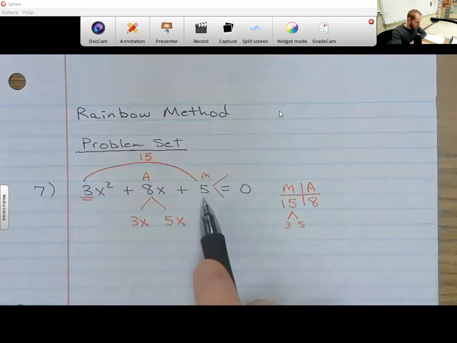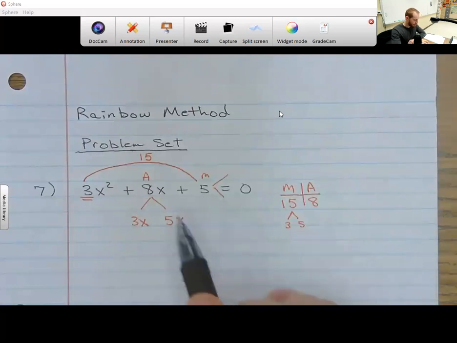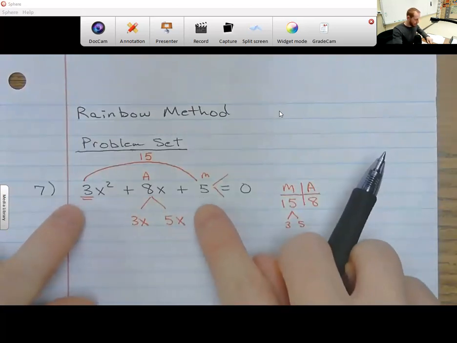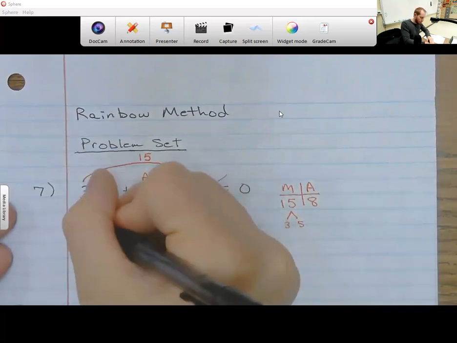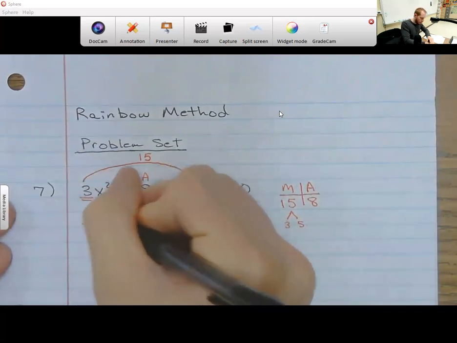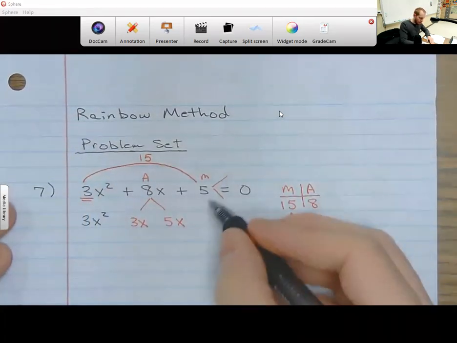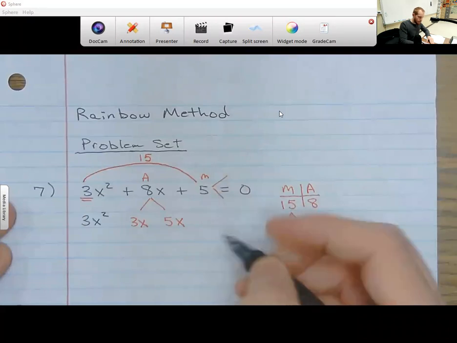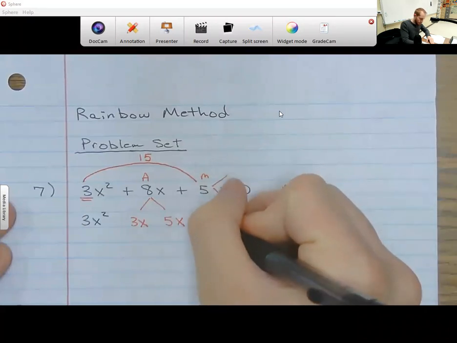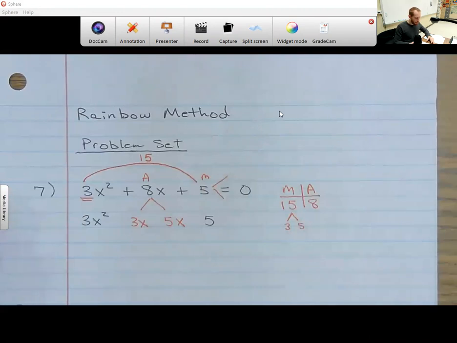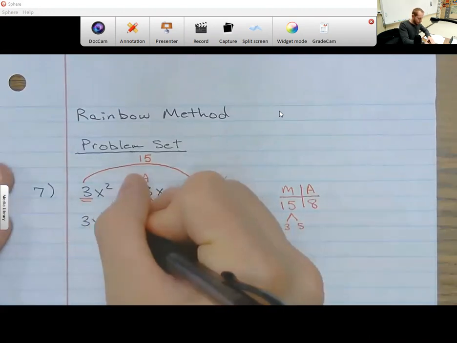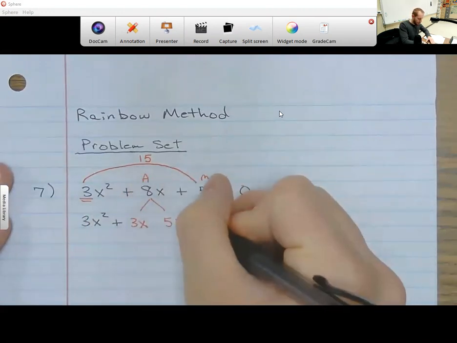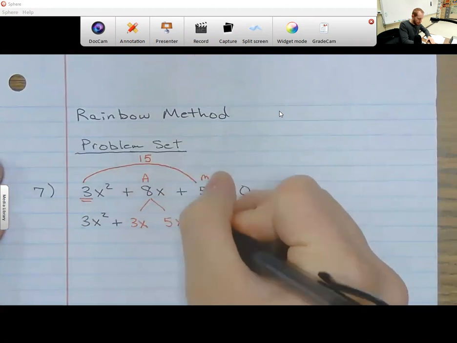And now I'm going to bring down the pieces on the left side and the right side. I'm going to bring down the 3x squared, just as I see it, and the 5 over here, just as I see it. Everything is separated by pluses, so I'm going to put a plus here and a plus here.